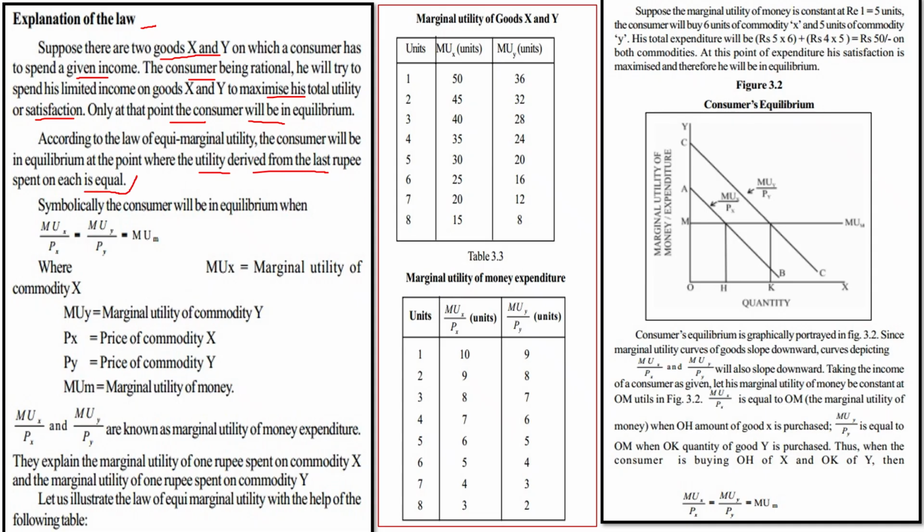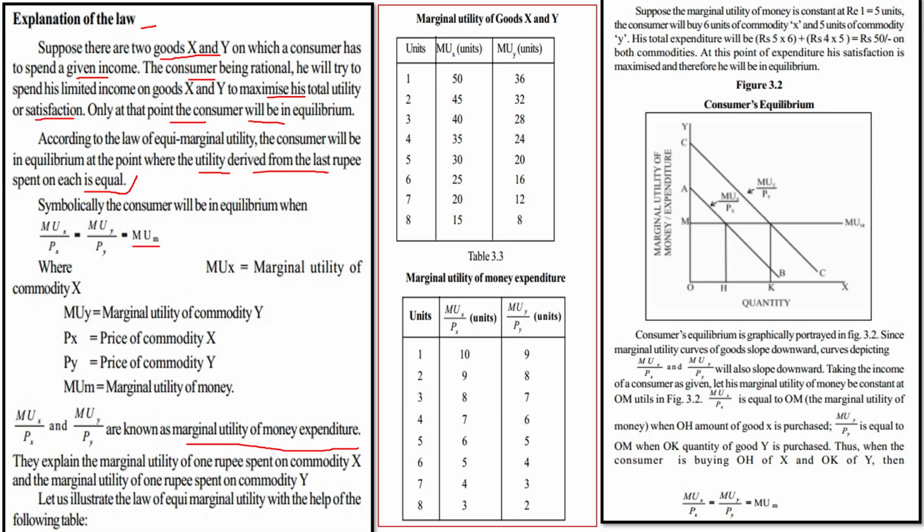So here we can take one equilibrium condition: the marginal utility of X divided by the price of good X is equal to the marginal utility of Y divided by the price of Y, which is equal to the marginal utility of M. The marginal utility of M denotes the marginal utility of money. Here, the marginal utility of goods X and Y divided by their prices is known as the marginal utility of money expenditure.